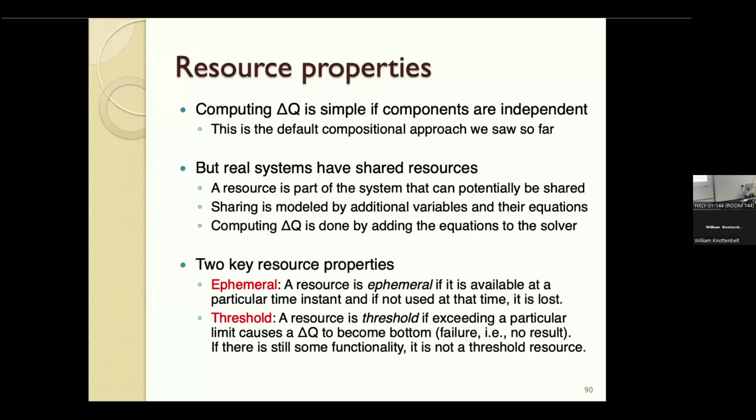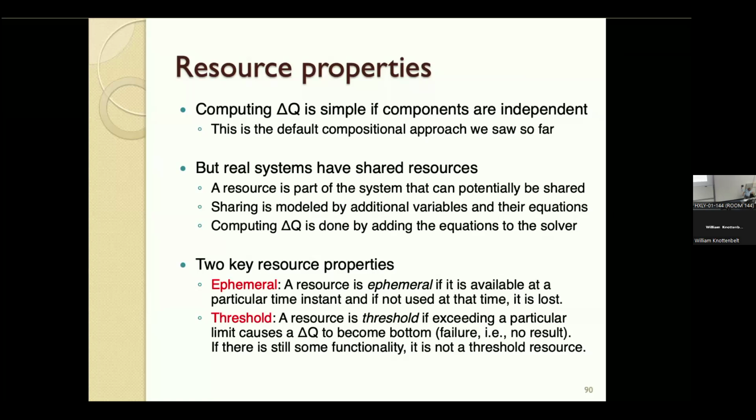So real systems have shared resources, and a resource is something that can be shared. And the way to model that, to add that to our model, is to add variables and equations to the model. And the computing of the delta Q is then no longer so simple.